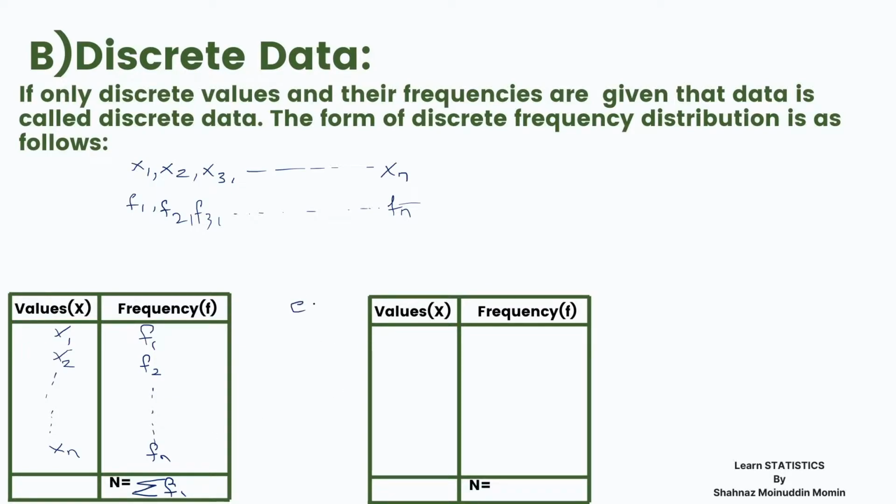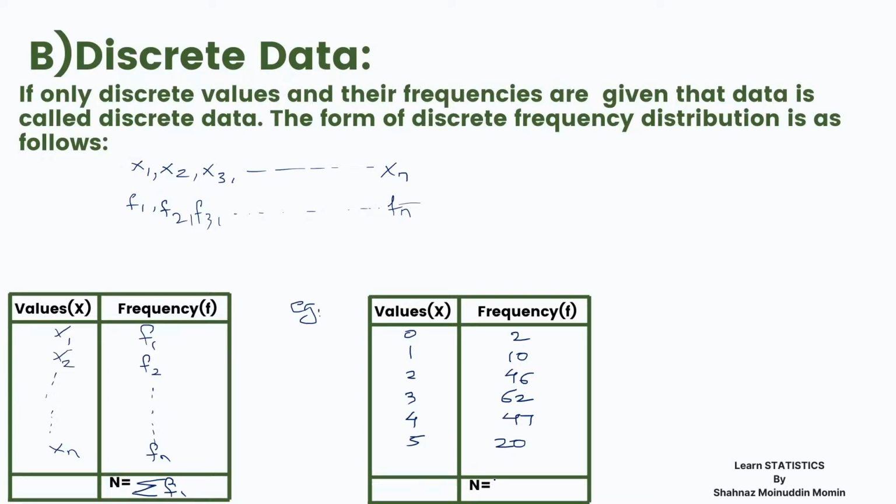For example, let us see one example to understand the discrete data. Suppose we are given the values as 0, 1, 2, 3, 4 and 5 with their corresponding frequencies, say 2, 10, 46, 62, 47 and 20.